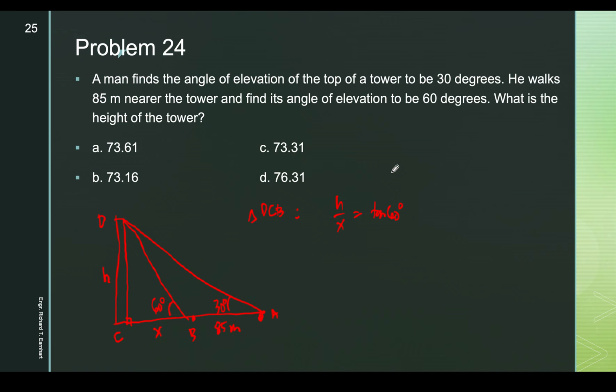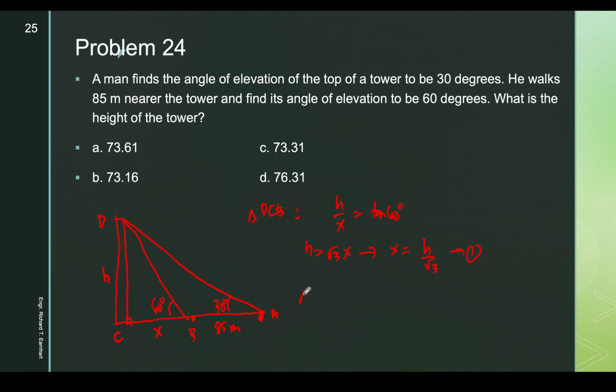And tangent of 60 degrees is square root of 3. So therefore your h is square root of 3 times x. Or shall we say x is equal to h over square root of 3. Okay, so let this be your first equation.